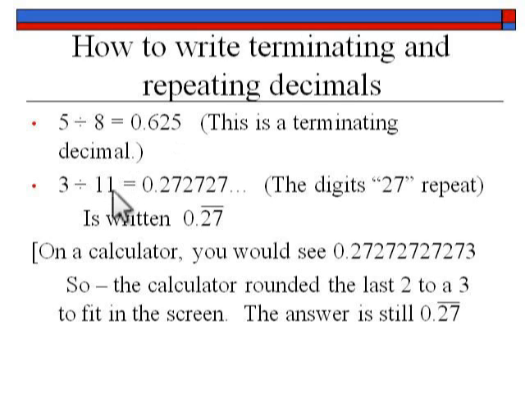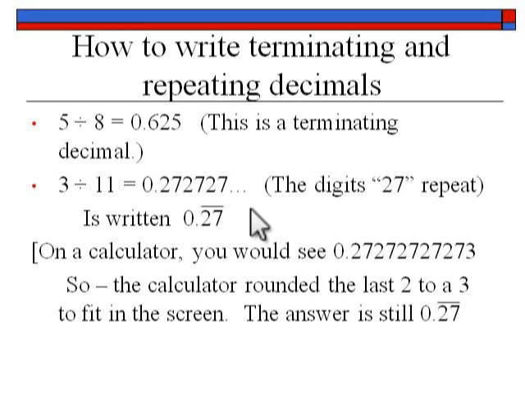When we have a number that repeats in the division process, like 3 divided by 11 will come out to be 0.27, 27, 27, 27, and 27 forever. It'll never end. This is called a repeating decimal. And we write it with a bar on the top of what repeats.